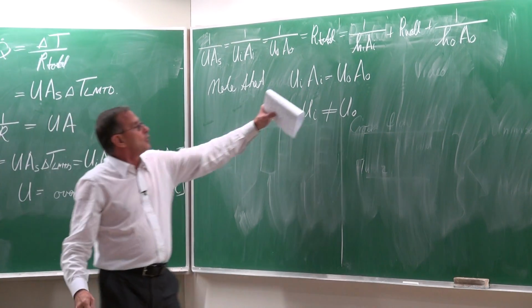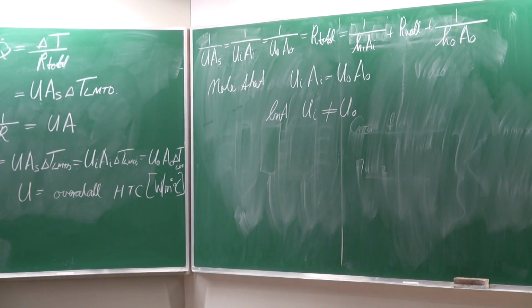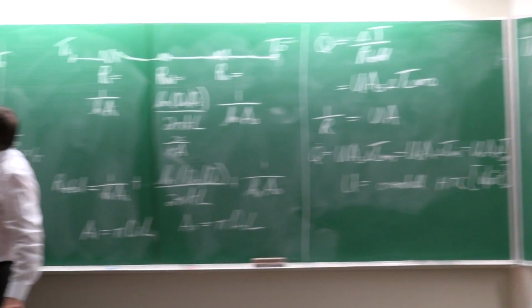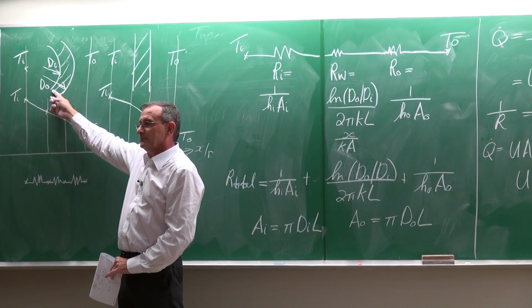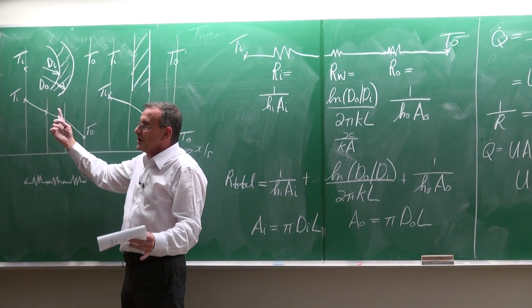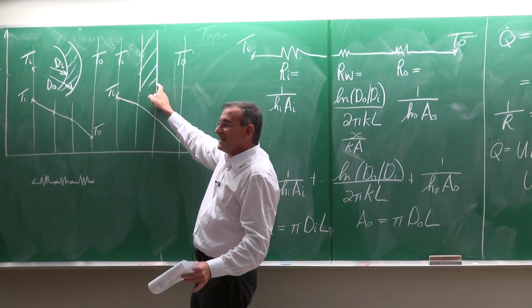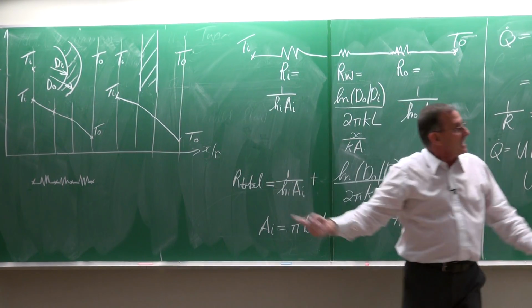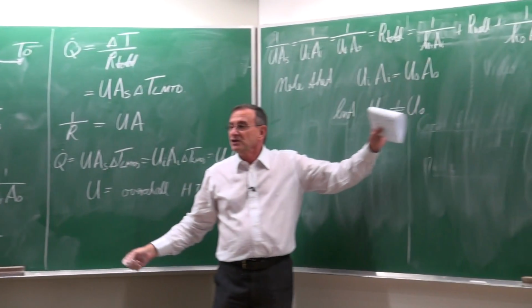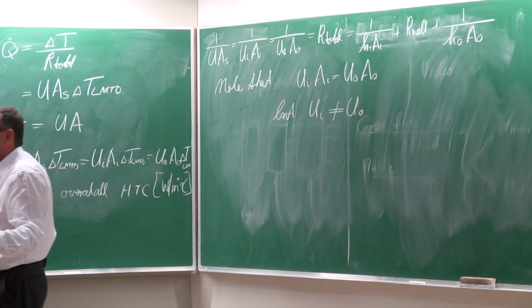Why? Because normally the outside area is going to be larger than the inside area. There's a special case, where this area and that area are exactly the same. Then the overall heat transfer coefficient would be the same.